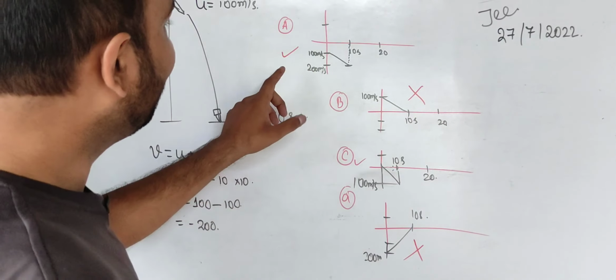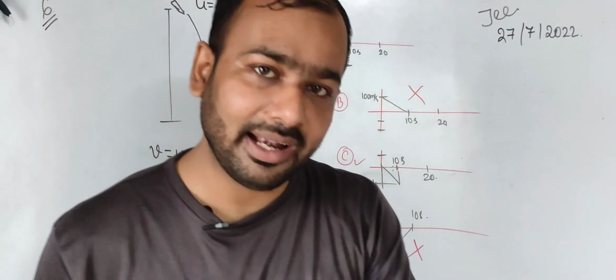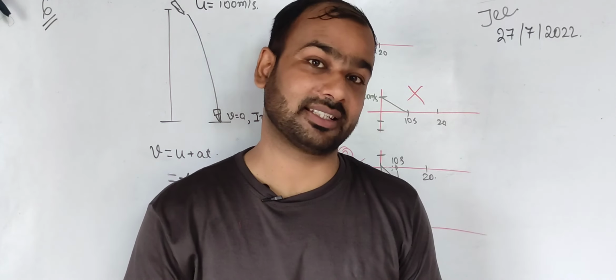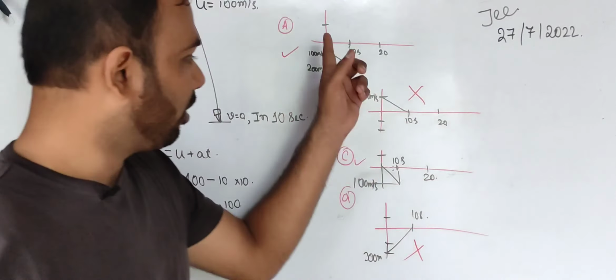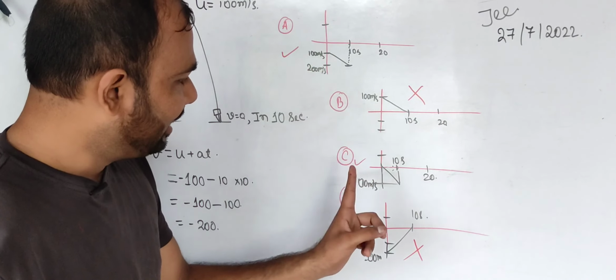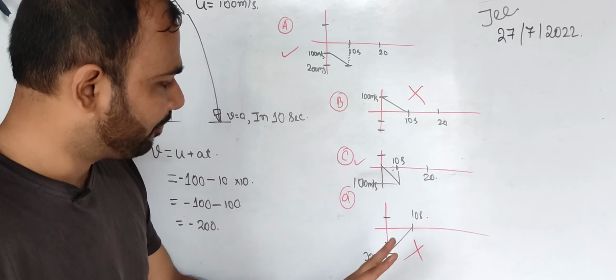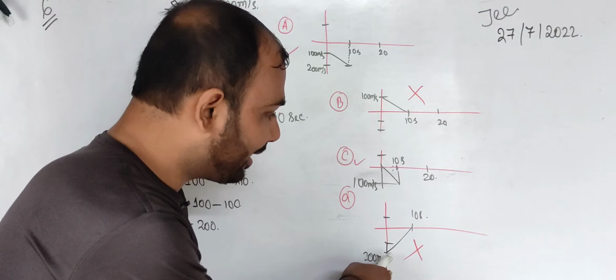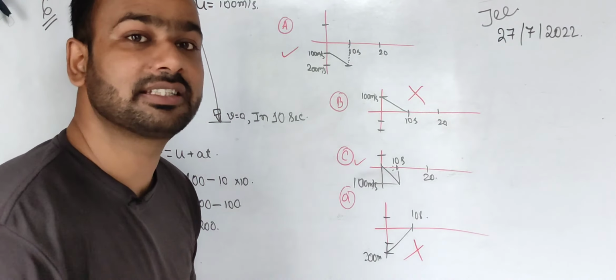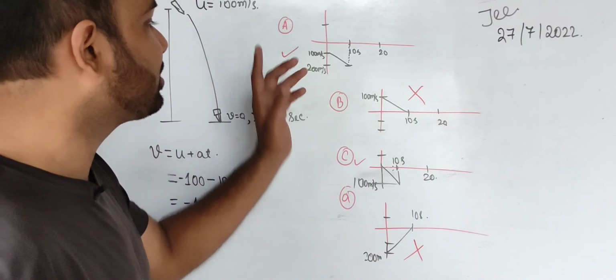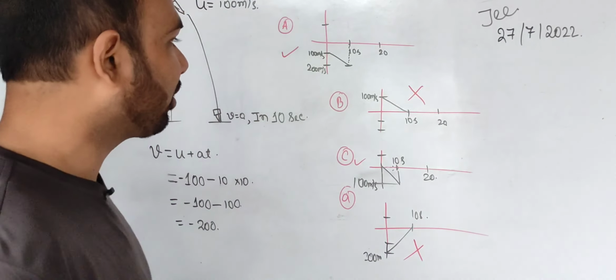What we use: initial velocity was 100 and it was acting downwards, so the velocity should be minus 100. So the first option is minus 100, second option is minus 100. In this case, the initial velocity is 200, which is totally wrong. Option C and option A were our last resort.